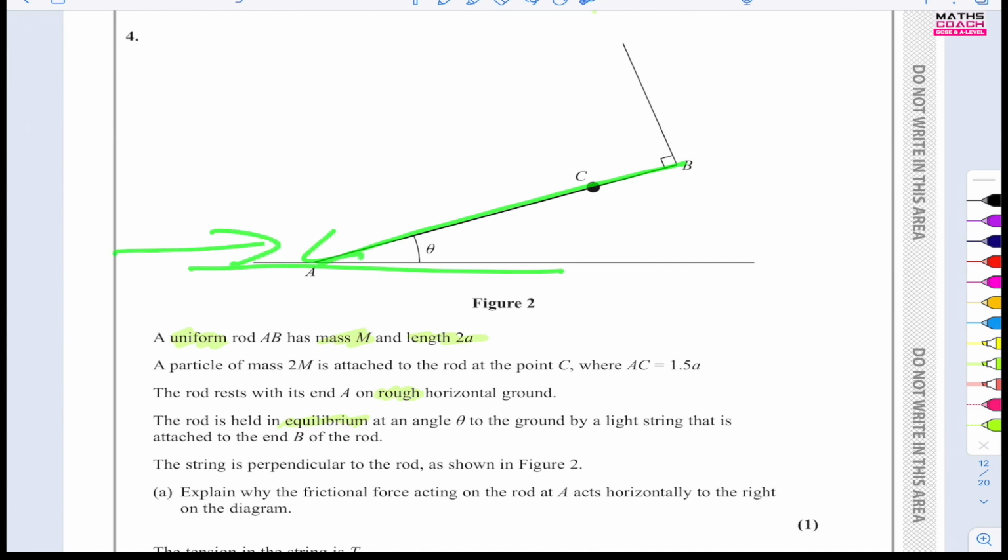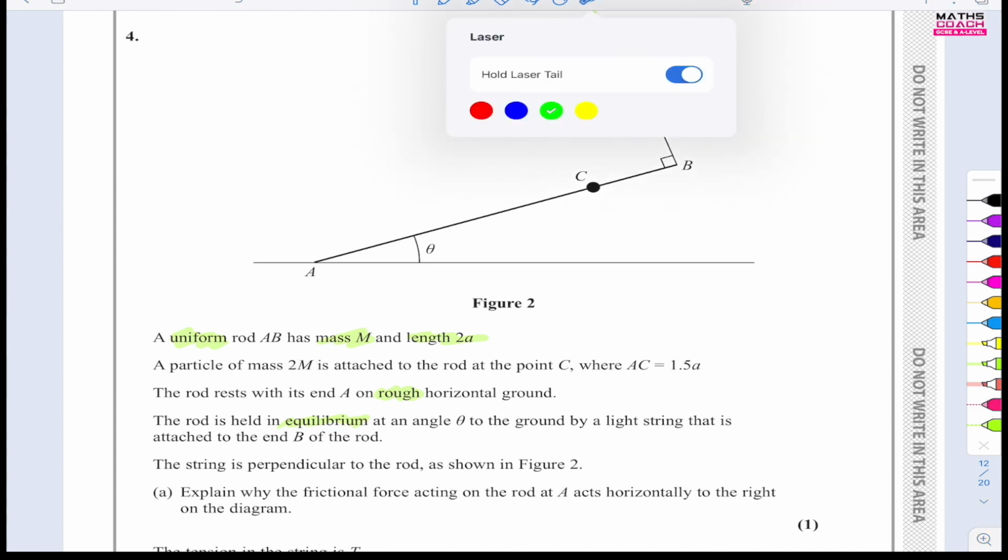It's a rough ground right there. Okay, that's the simple answer. So you could say something like the frictional force acts in the opposite direction to the way the rod will slide at A. And the reason is, if it's in equilibrium, which it is, the frictional force will give you the force needed so it remains in equilibrium. Okay, so the friction force will match it.